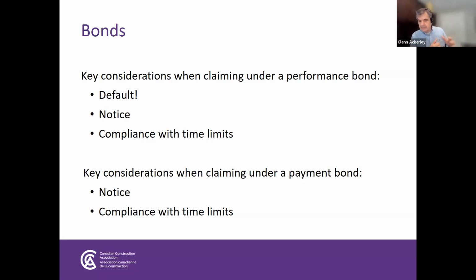So it's quite regulated now, prescribed. It doesn't mean you couldn't ask for more, but the minimum now is 50% on all projects that are public projects as defined in the Act.